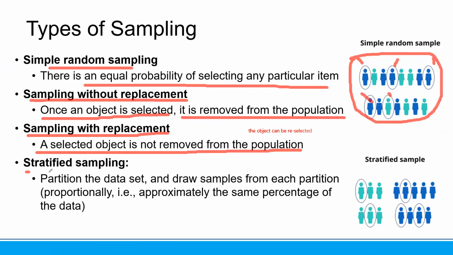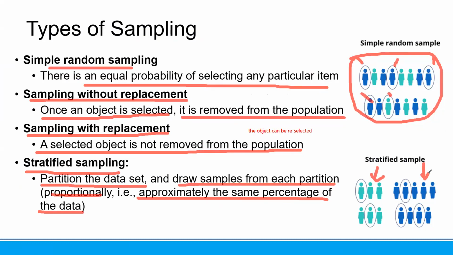Stratified sampling. We will partition the data set and then draw samples from each partition, proportionally, approximately the same percentage of the data. So let's say I have this light blue and then I have this dark blue. If I do the stratified sample, I will select proportionally from this and from this.